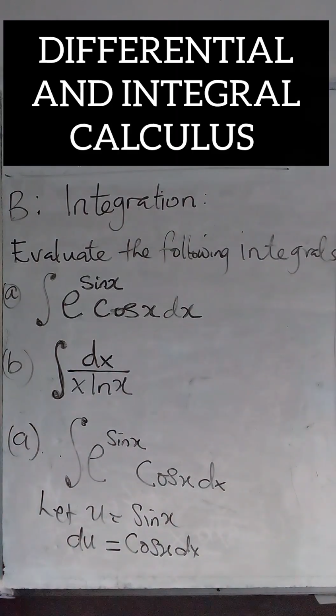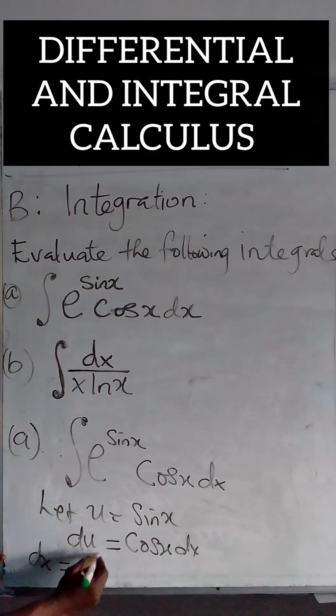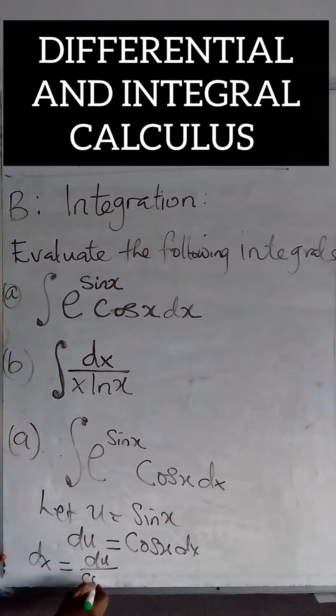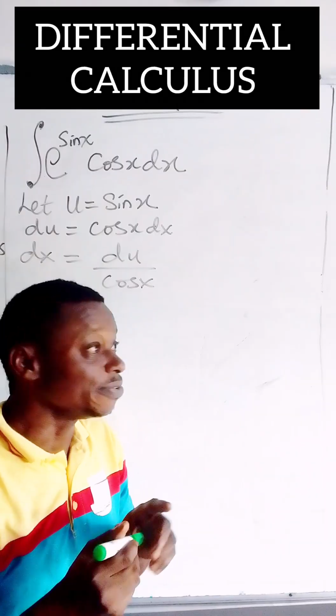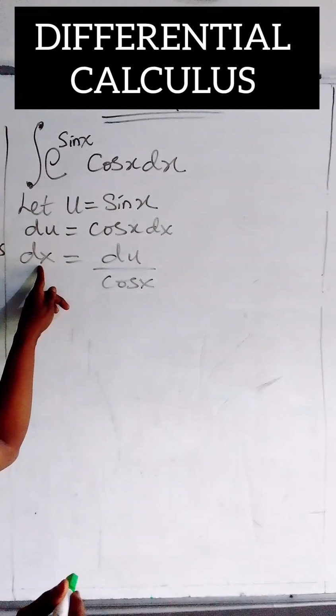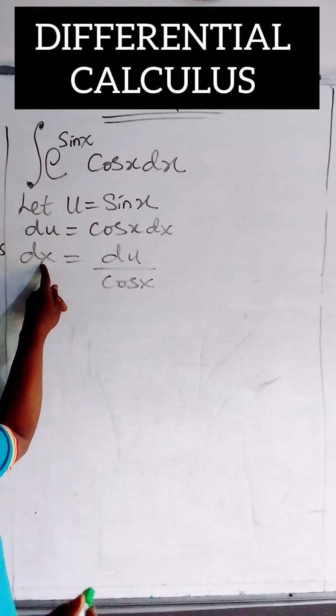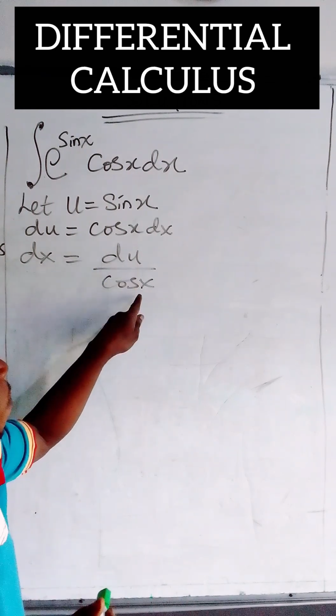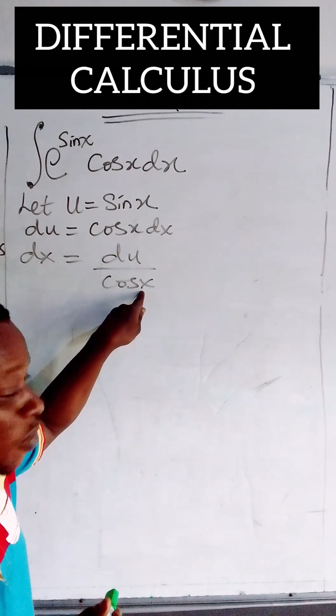Or of course, at this point in time, we can make dx the subject of the formula. So definitely that will be du upon cos x.